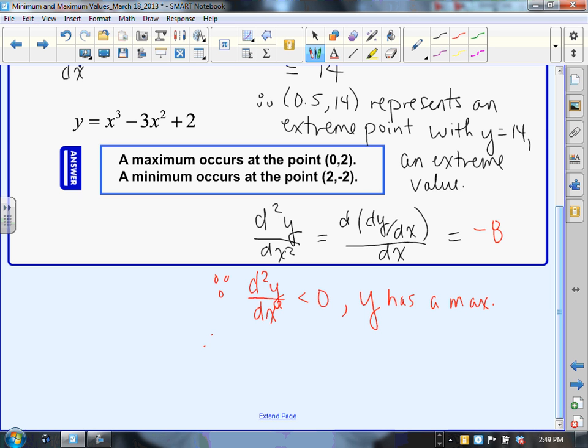So specifically, therefore, (0.5, 14) is a maximum.